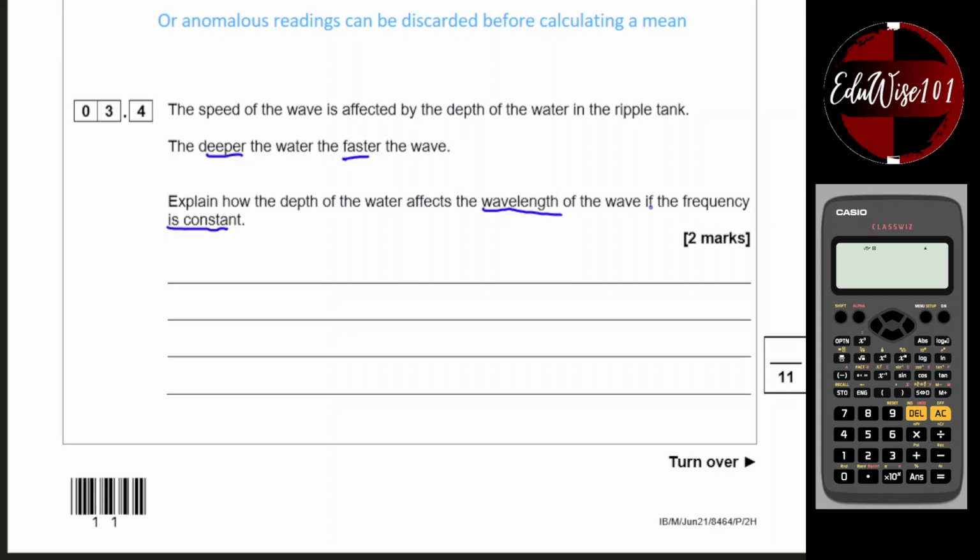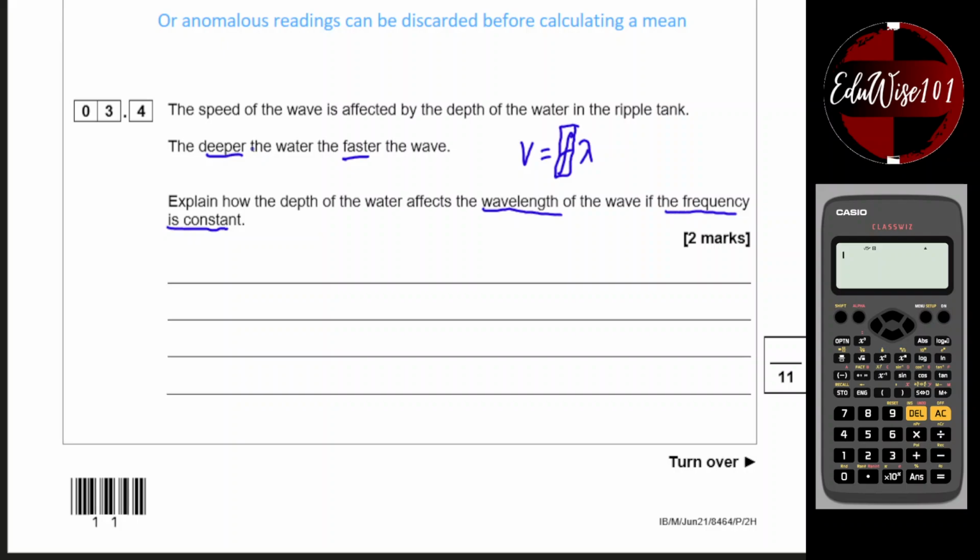That's a clue here. If the frequency is constant, again, we need to look at this equation, V is F lambda, keeping that frequency constant.